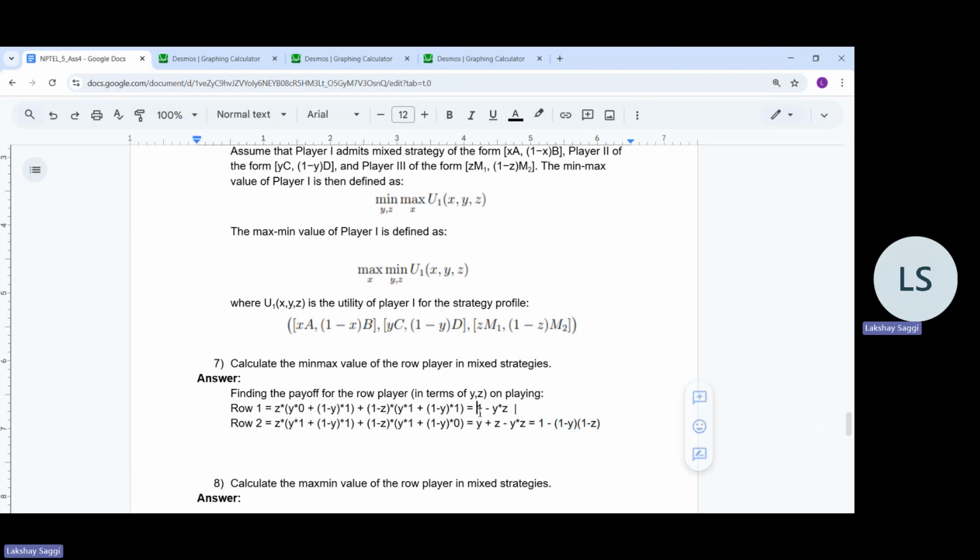So row one, chorus. If the row player plays row one, then he gets a value of 1 minus yz for a fixed yz, and he gets a value of 1 minus y times 1 minus z for some other yz, right?